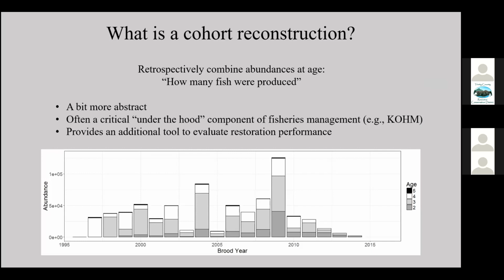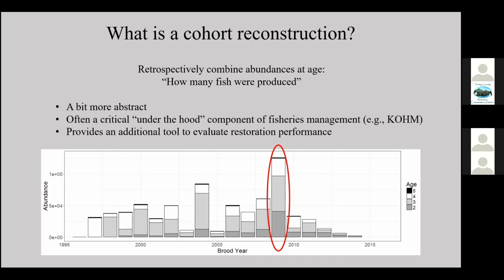Brood years, of course, this is showing brood years, are also comprised of multiple age classes, but all the fish numbers are organized back to the year in which they were all hatched. So while annual monitoring, like our weir work and redd counts, focuses on estimating run years, fisheries management often relies instead on models to reorganize run year estimates into brood year production using cohort reconstructions.